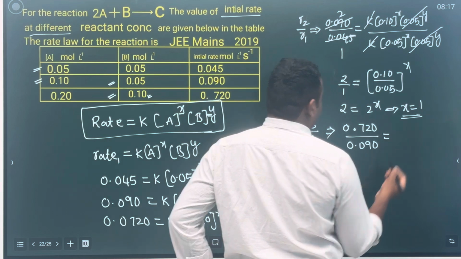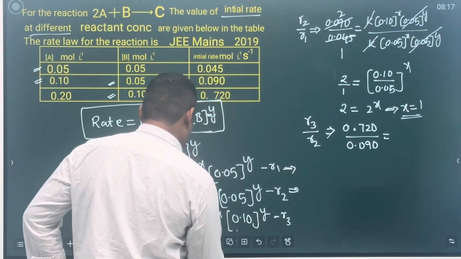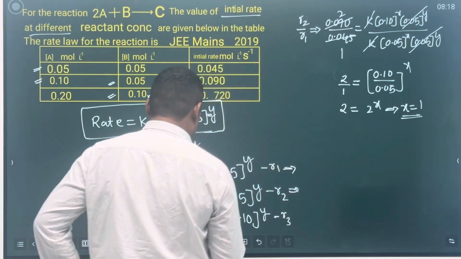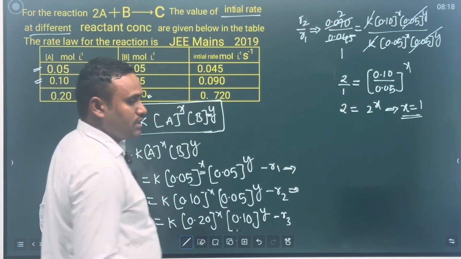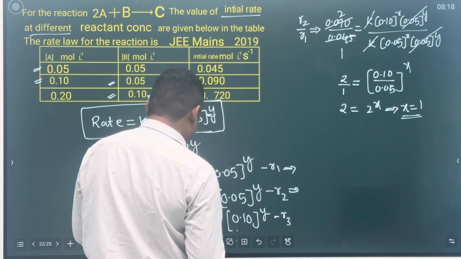So the data I took was wrong. Okay, it is not 0.0720, it is 0.720.